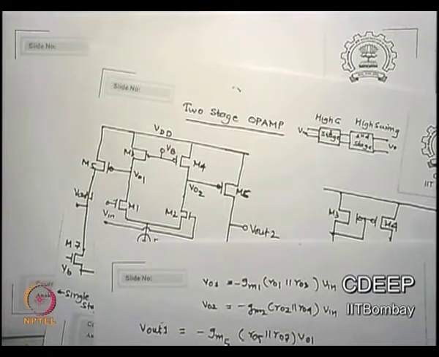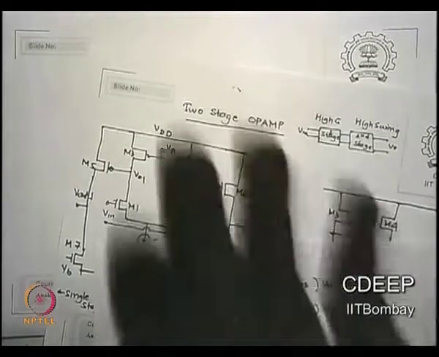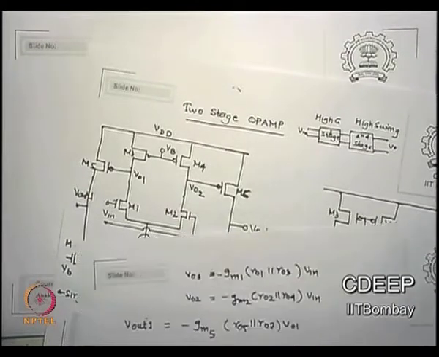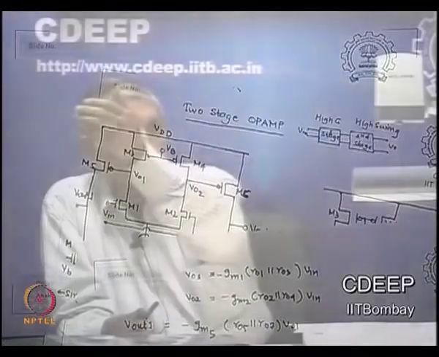Now the p channel gate must be mirroring from another p channel device whose drain current must be the drain current of the n channel mirror. Okay, so you create only an n channel mirror, but pass on to a p channel on the top and then move to p channel. When you want again n channel, come down, create an n channel driver and go back, keep doing any number of times. So always see n channel, p channel, n channel, p channel.